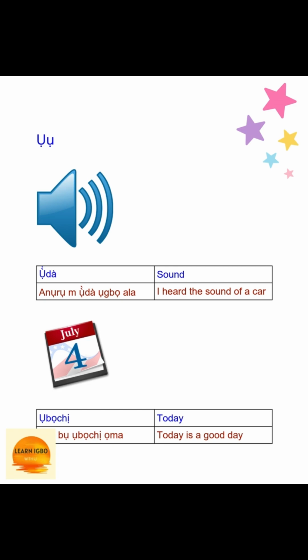Example number 1. Ụda. Ụda means sound. Used in phrase or sentence. Anụrụ m ụda ụgbọala. I heard the sound of a car.